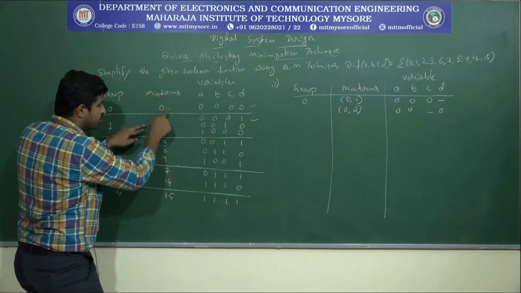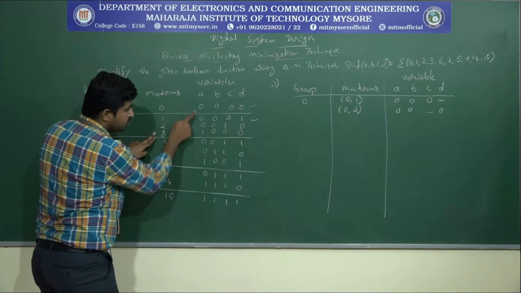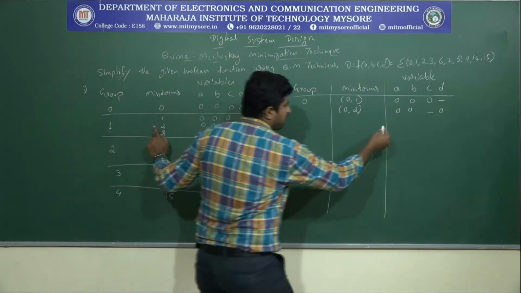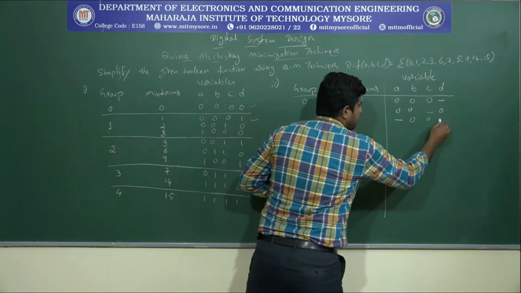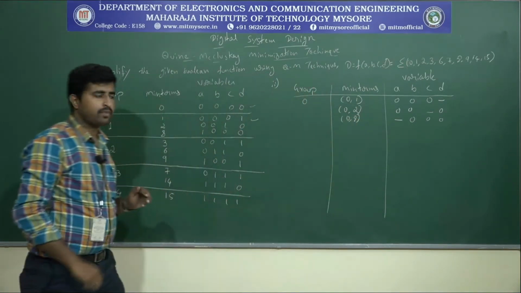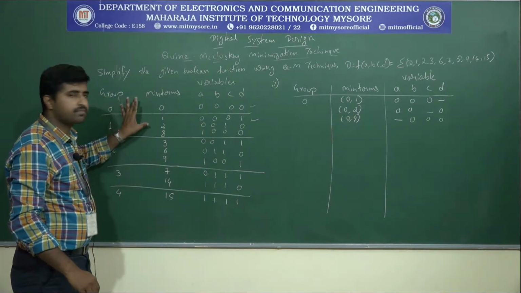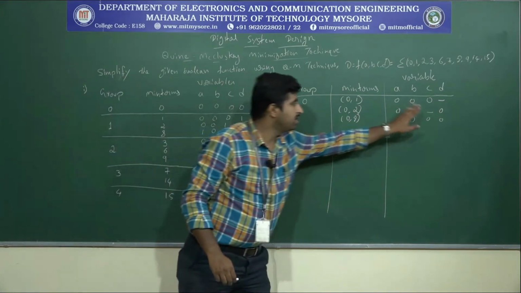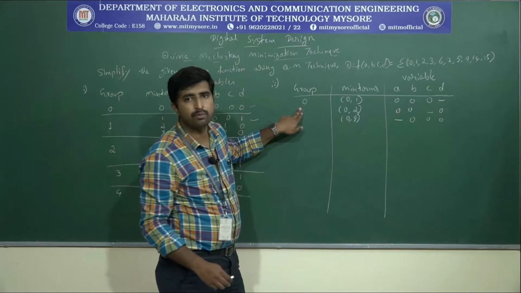Next, 0 will be compared with 8. 0, 0, 0, 0: the 0 is changed over to 1. So the first bit will be a dash, the remaining B, C, D will be as they are, and the group is 0, 8. Hope you understood. So this completes the first group. There is no logical number of ones, so we name it group 0.